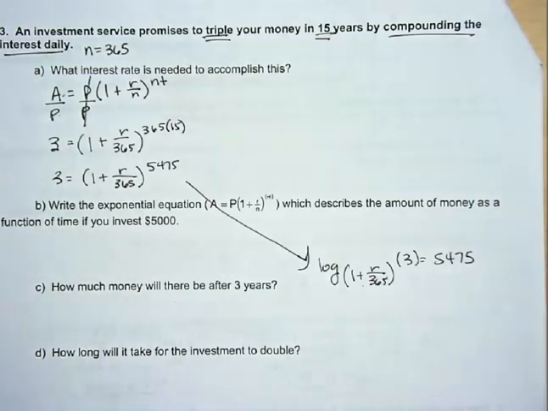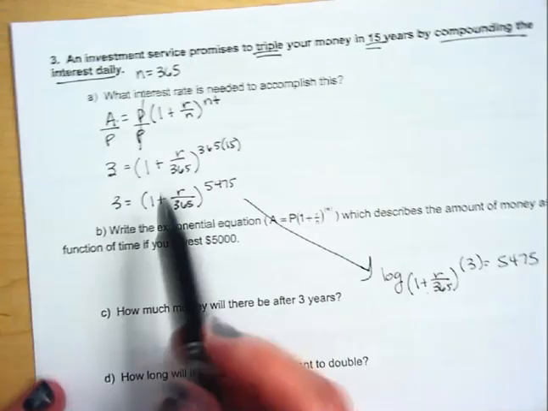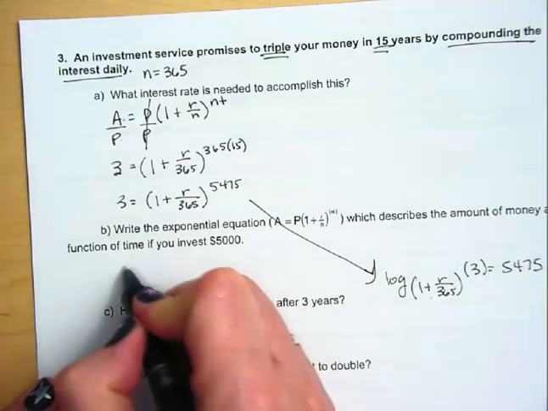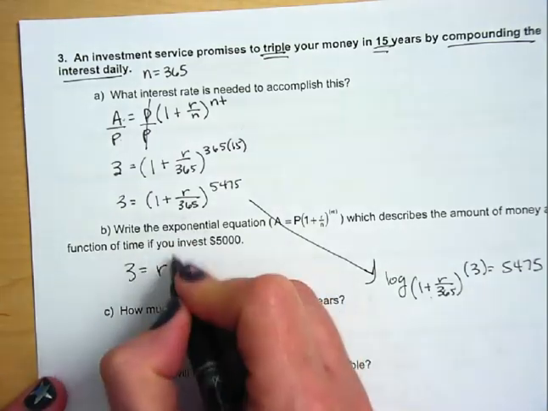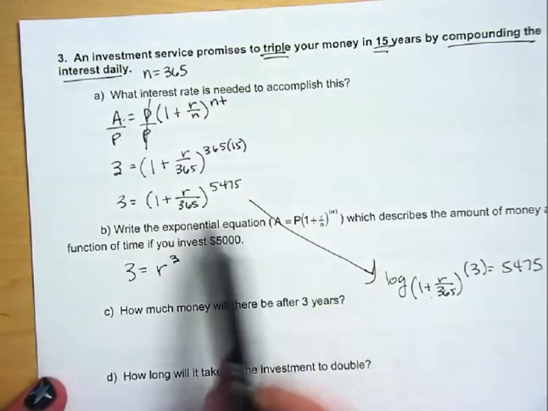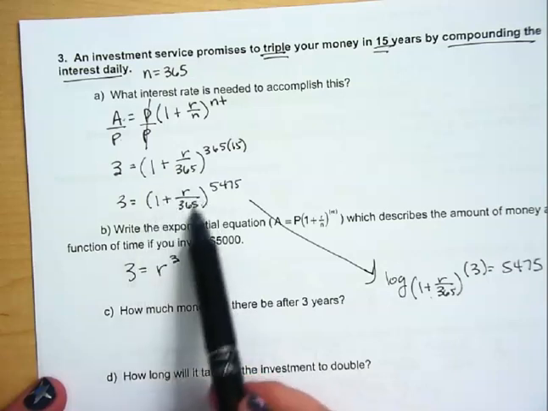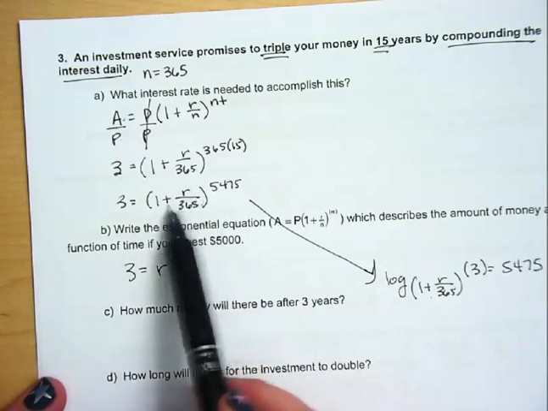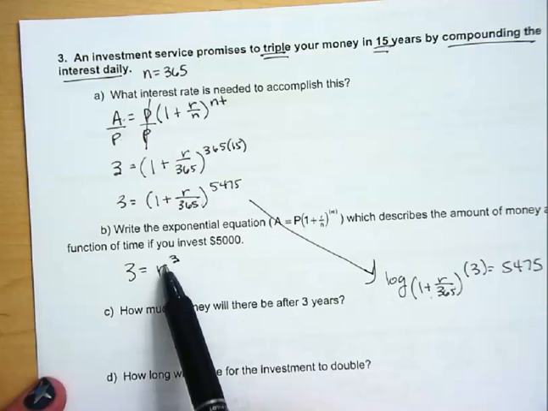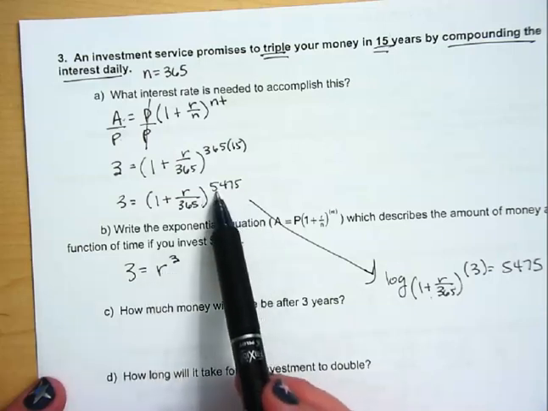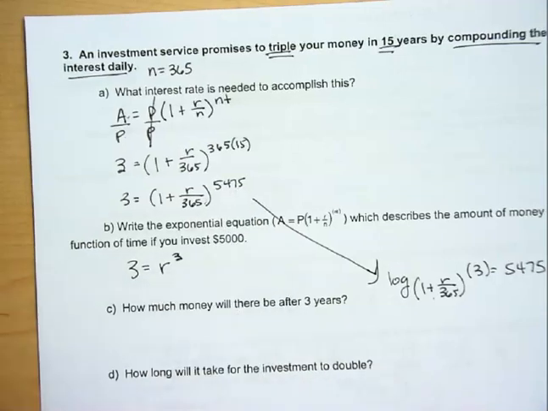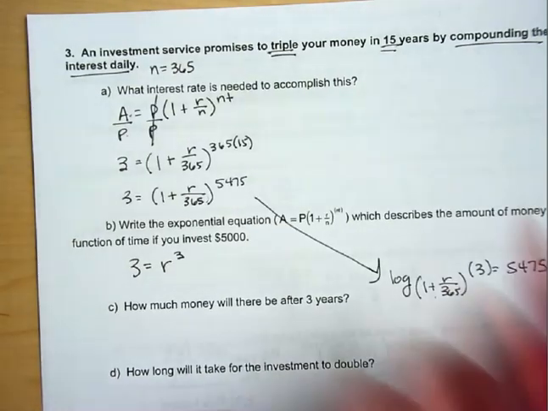So I'm going to show you something simpler. Let's say instead of this equation, I had 3 equals r to the third power. So instead of this funky whole expression base right here, I just have one variable. And instead of a crazy exponent, I just have 3. And I asked you, what would you do to both sides to solve?